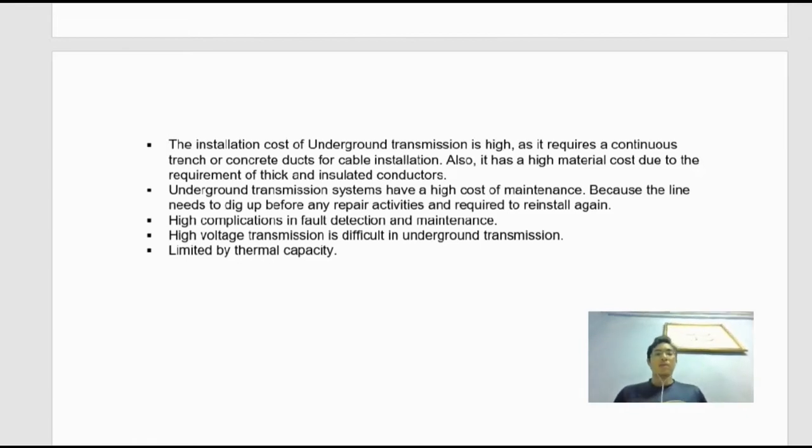Then the installation cost of underground transmission is high as it requires a continuous trench or concrete duct for cable installation. Also, it has a high material cost due to the requirement of thick and insulated conductors.